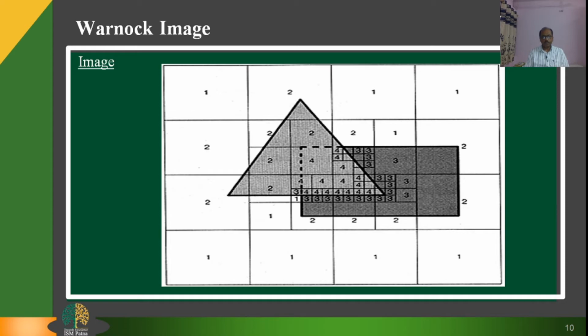So, these are the two ways by which we define the image area space.